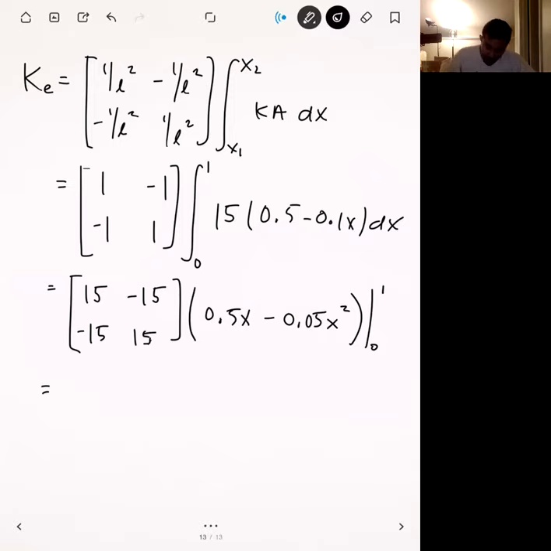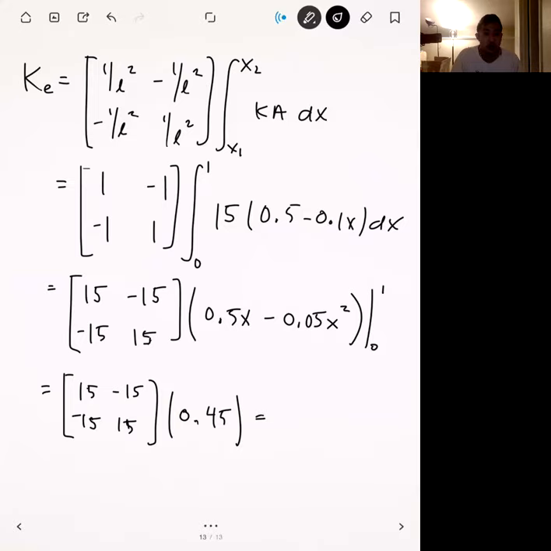What we get is 15, -15, -15, 15, times 0.5 minus 0.05, which is 0.45. And so we perform this multiplication.